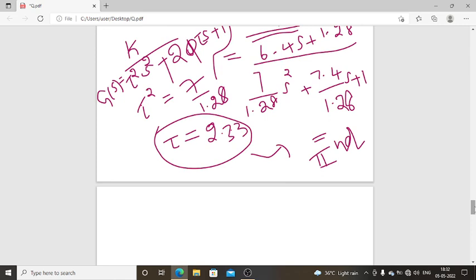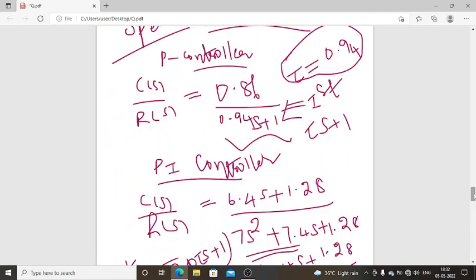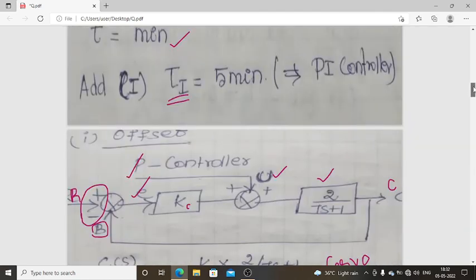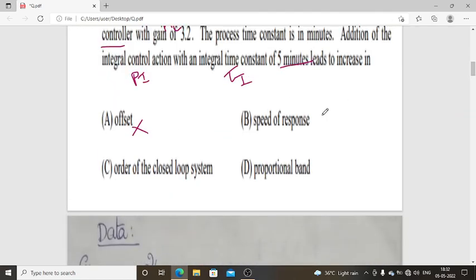So the conclusion for this option: a second order system is slower than a first order system. That's why this option 2 is also wrong, the speed of the response.